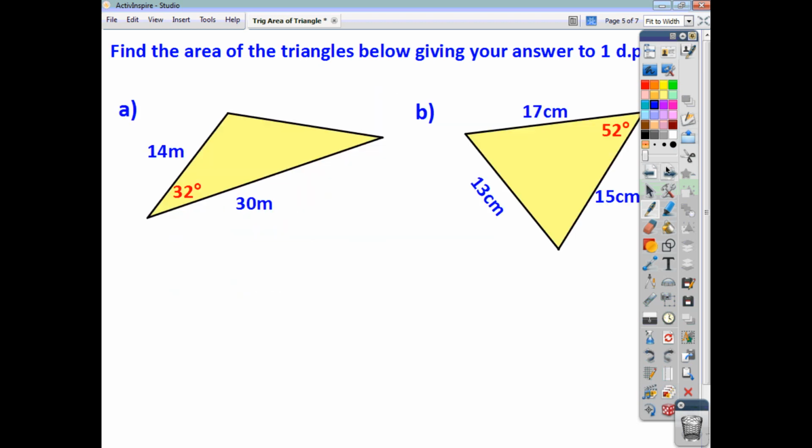Now, here's a couple for you to try yourselves. So try each question, work out the area, pause the video, and check back to see if your answers are correct.